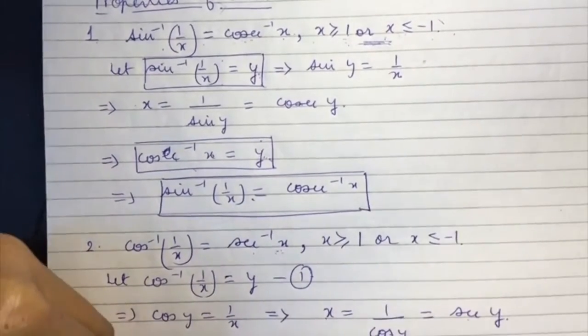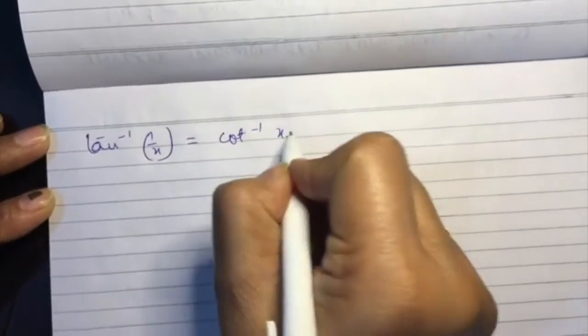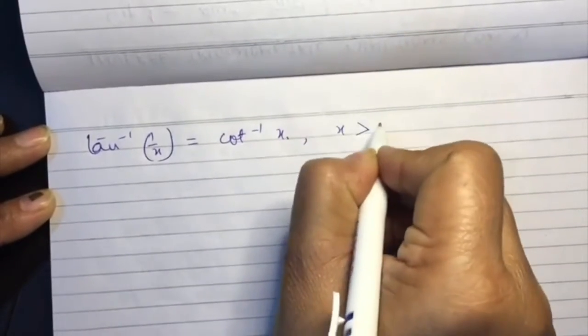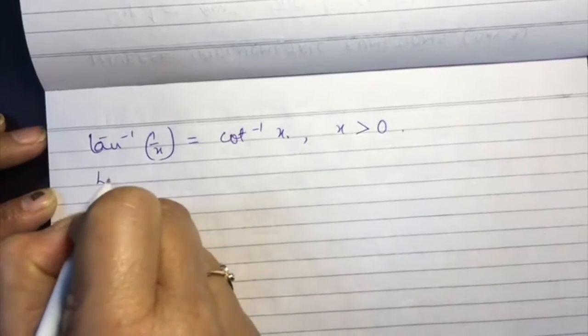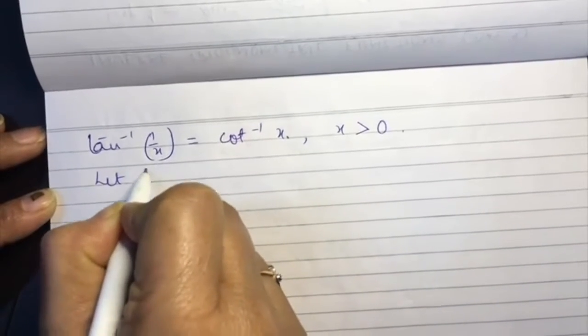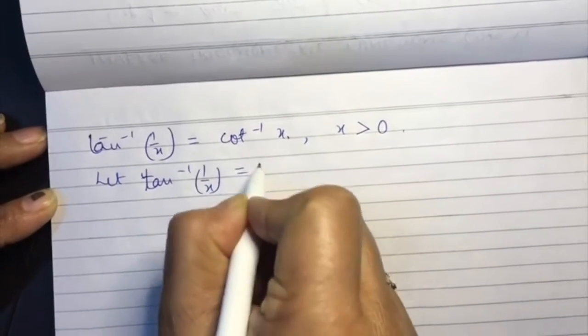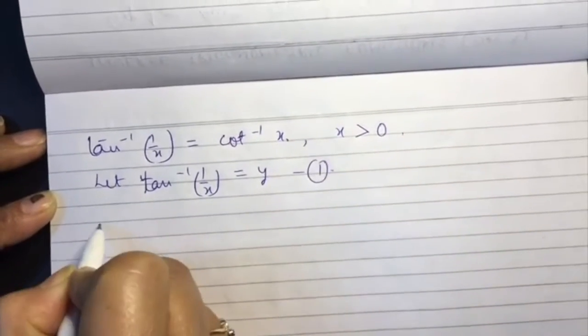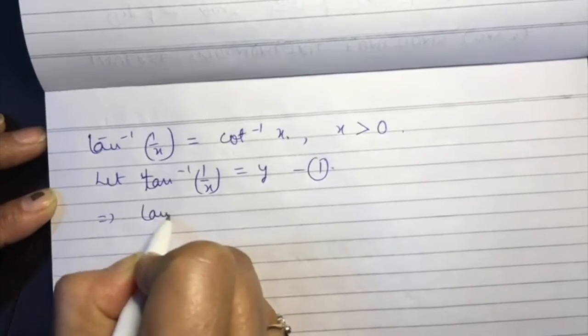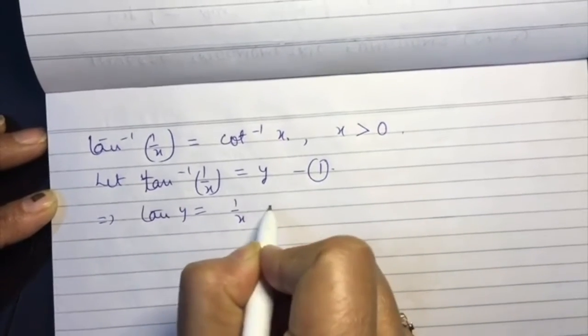Likewise, we can prove similar results for tan inverse 1 upon x is cot inverse x, which is valid for x greater than 0. Let tan inverse 1 upon x equal to y, call it 1. This gives us tan y equal to 1 upon x.